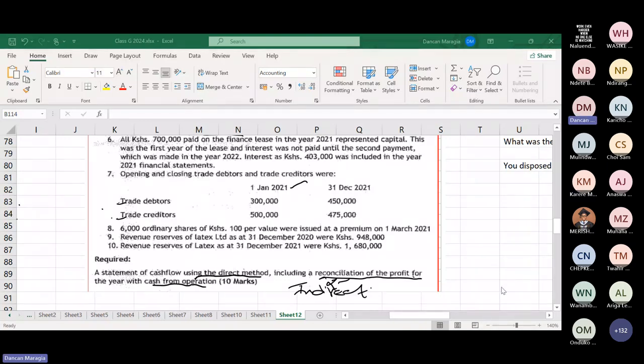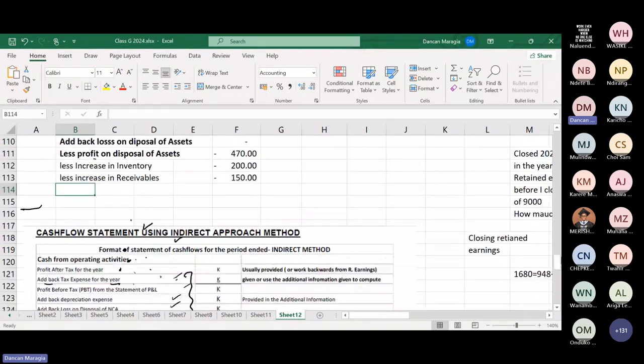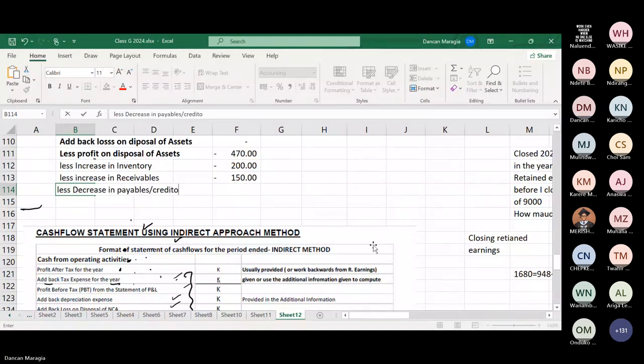So if payables have decreased, last year you owed suppliers 500. This year you owe them 475. What does that mean? It means you paid them 25K. So again, it's an outflow, so we again less. That's where we less decrease in payables or trade creditors. And that was how much? 25?